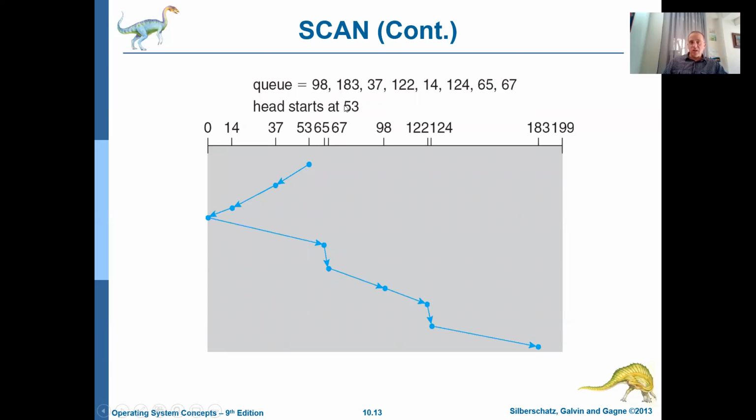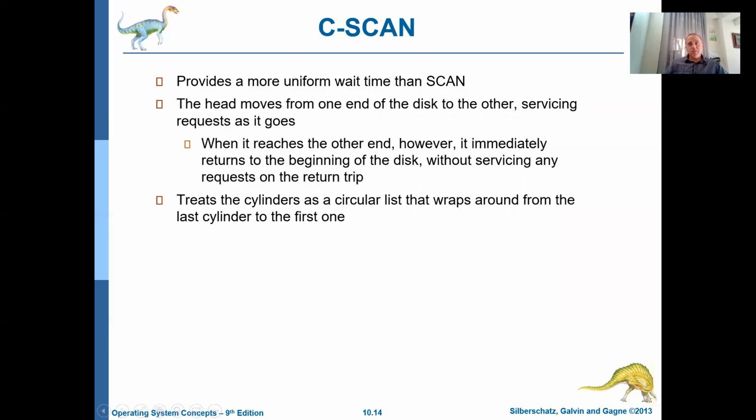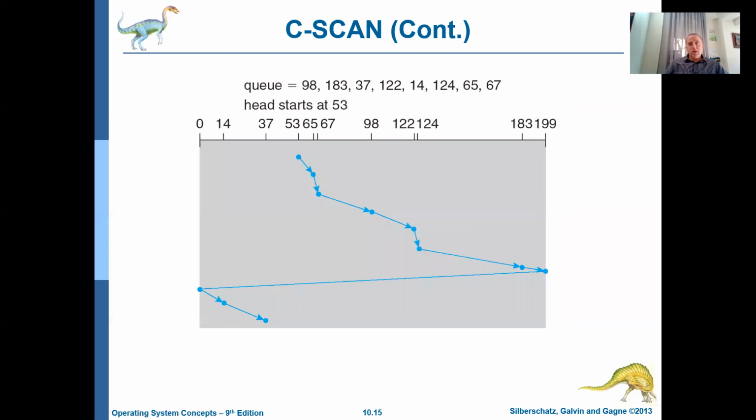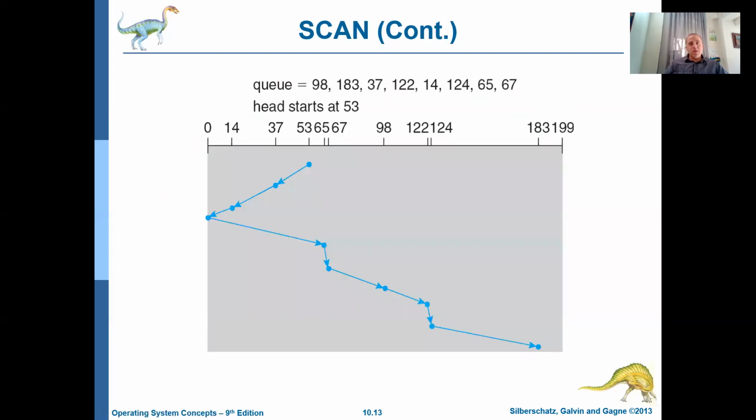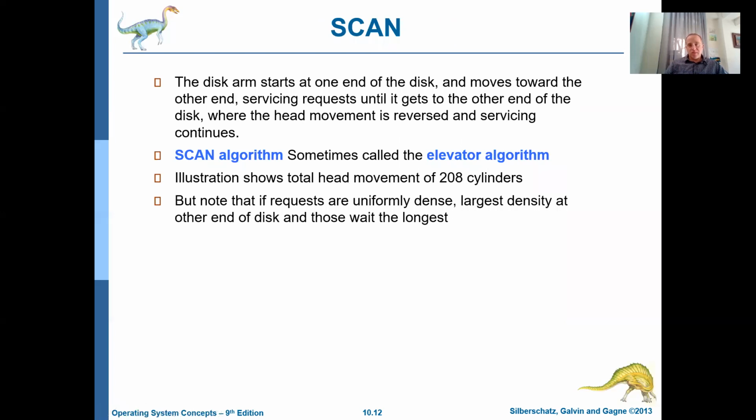So the next one will be 37, and then 14, and then I get to 0. I get all the way to the bottom, hit the bottom floor, and I go up, and I start hitting whoever's in my queue. At any moment, I check who's in the queue and see if there's somebody there, and that's how I determine my order. And that's scan.